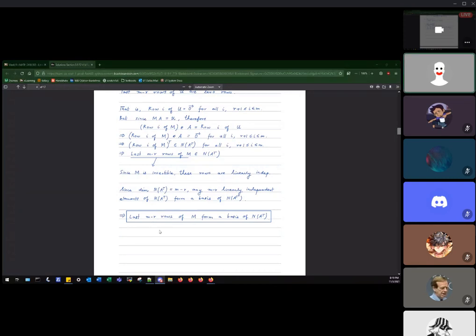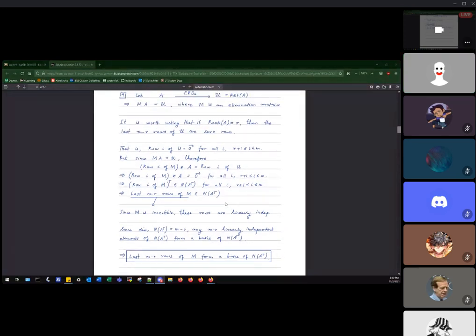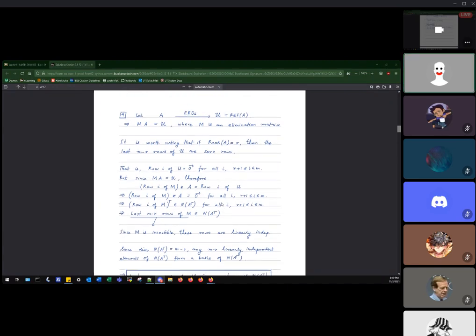Then the last S rows of the elimination matrix will form a basis of the left null space. I need to process that myself. I'll come back to it.